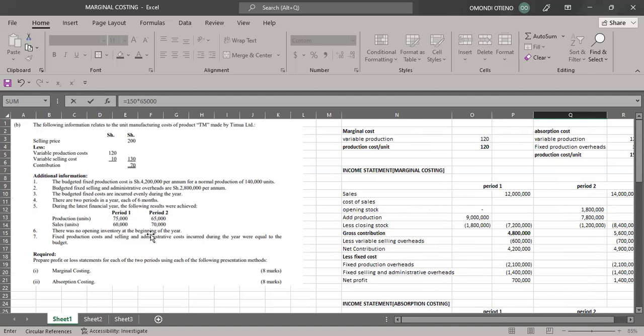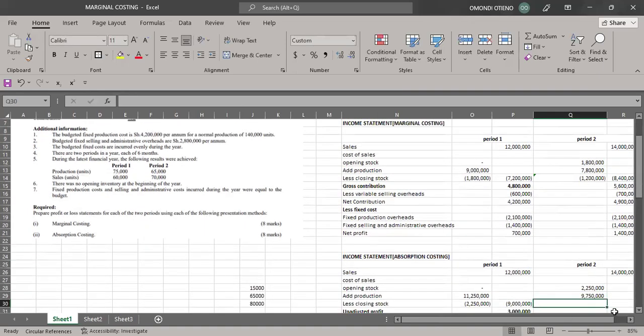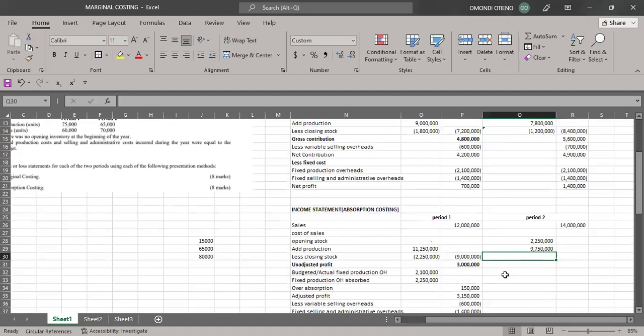We are having a closing of 10,000 units. So less closing stock of 150 times 10,000.